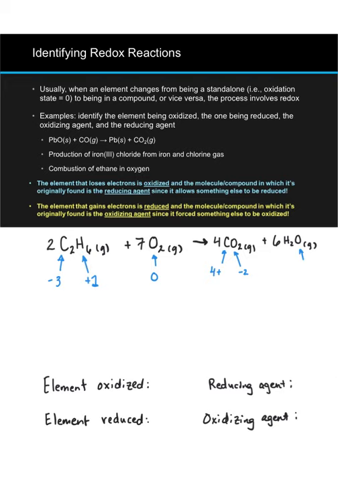We can assign oxidation states like normal in H2O because they work out appropriately. Hydrogen is +1, oxygen -2. Overall, we find that only carbon and oxygen change oxidation states through the course of this reaction. Carbon goes from being -3 to +4.